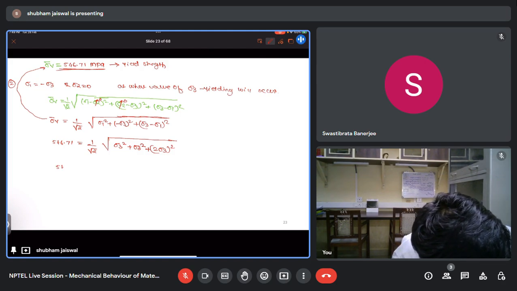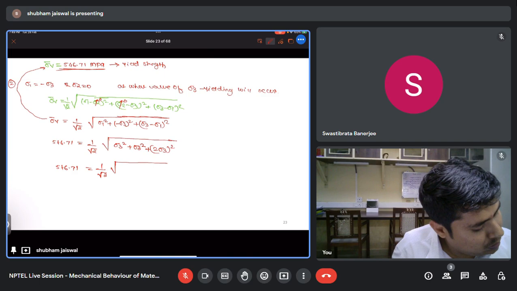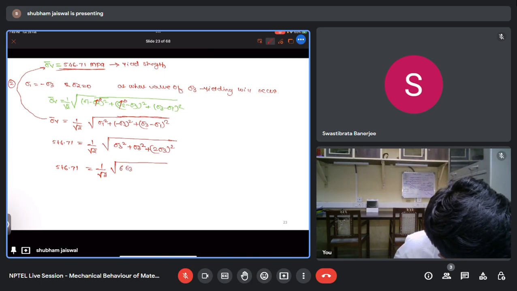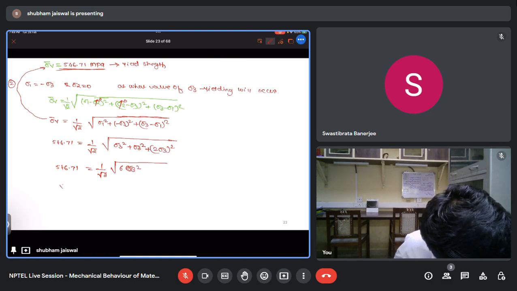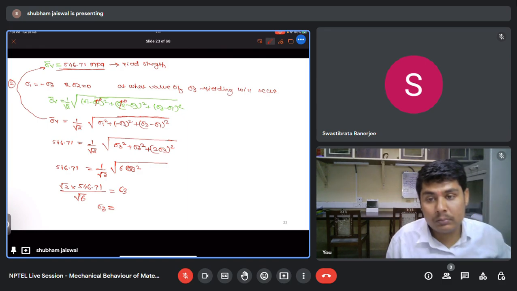So 546.71 is equal to 1 by root 2 under root of 6 sigma 3 square. That is root 2 into 546.71 divided by root 6 is equal to sigma 3. So what is the value of sigma 3?